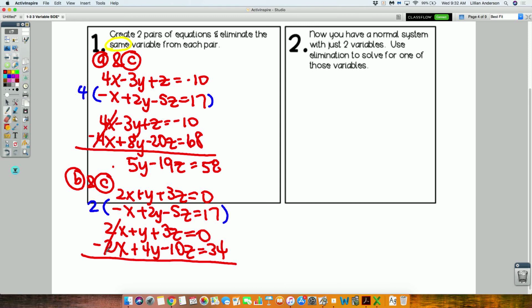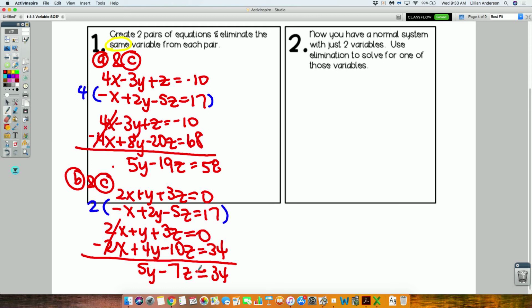My x's cancel out. What's y plus 4y? What's 3z minus 10z? 0 plus 34, that's 34. And we are done with step 1. Any questions on step 1?